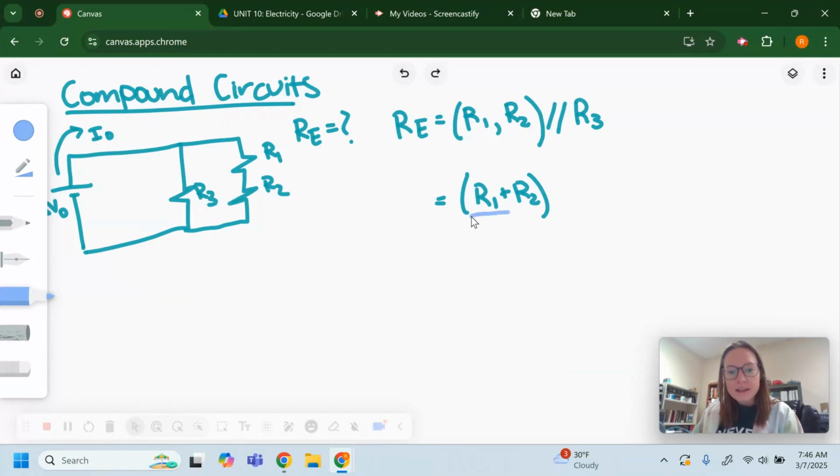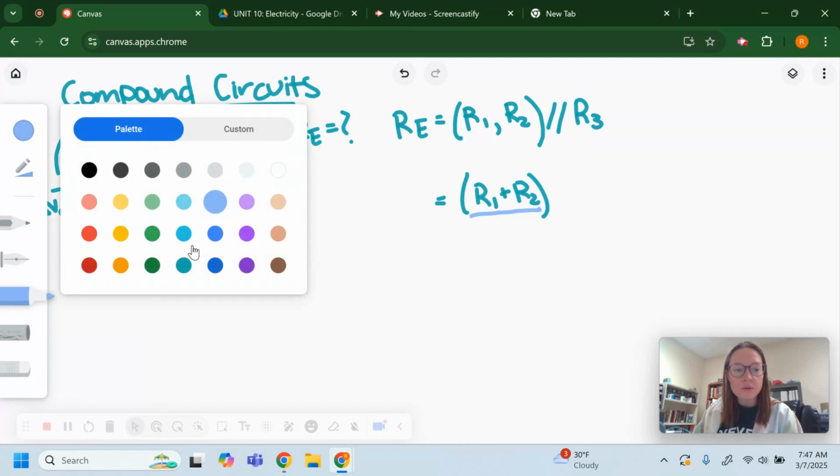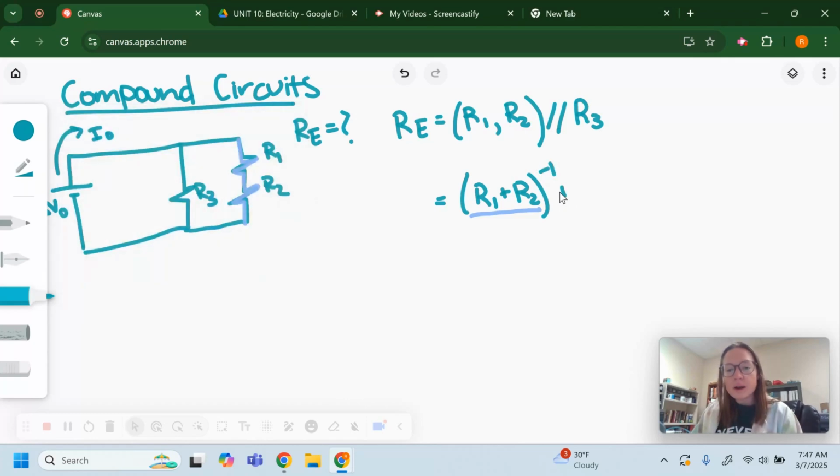This little statement right here represents this little branch right here. Now, if I want this little branch to be in parallel with this other branch, I want this whole statement to be to the -1. The reason is that I'm going to add it to R3 to the -1 and take this whole thing to the -1.